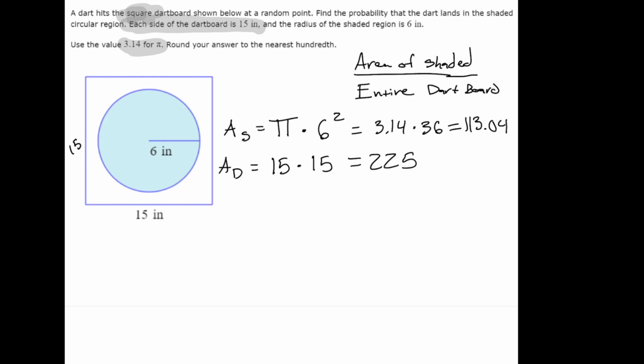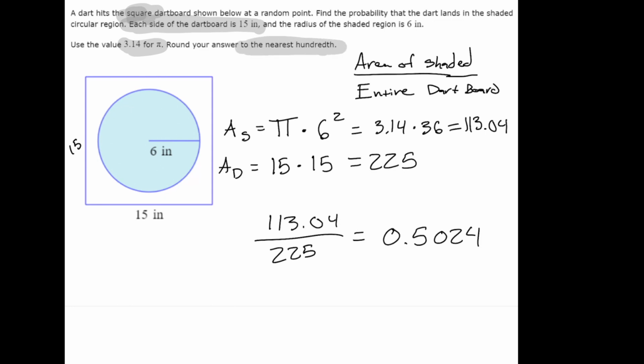Setting up my final fraction here, area of the shaded region was 113.04. I'm dividing that by my total dartboard area, which was 225. And if I divide those things out, I get 0.5024. But the question says that we need to round to the nearest hundredth.